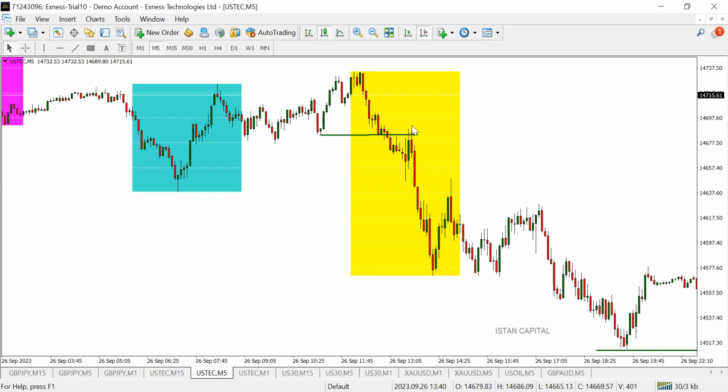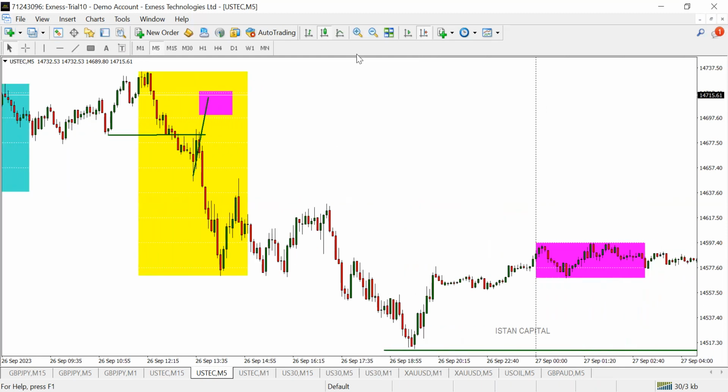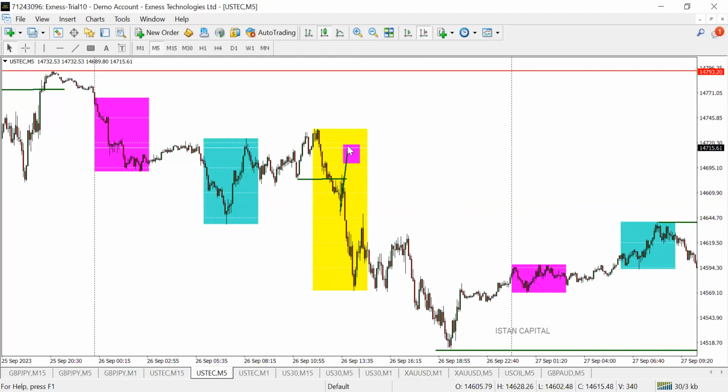Now I wanted the market to pump back up. I was waiting patiently for the pump, and then engulfing around this area for the dump. But I didn't get that, and I missed the trade. You understand? I didn't trade.